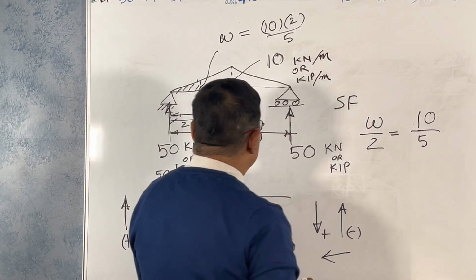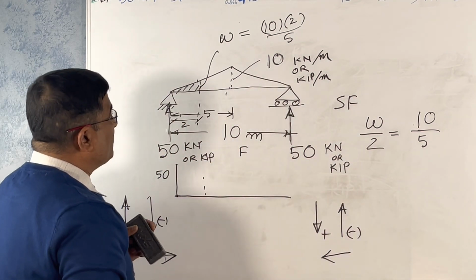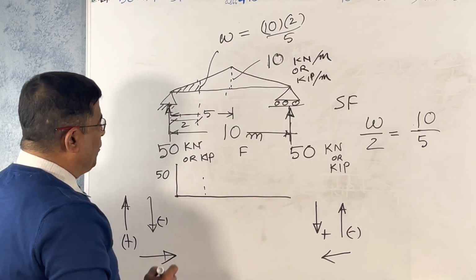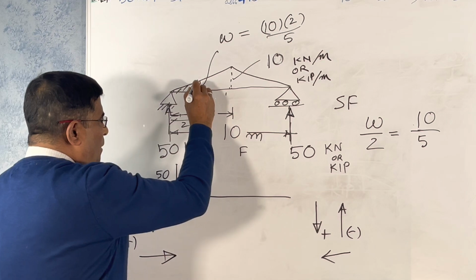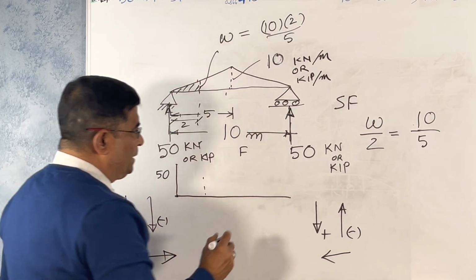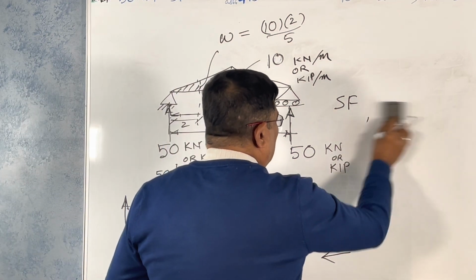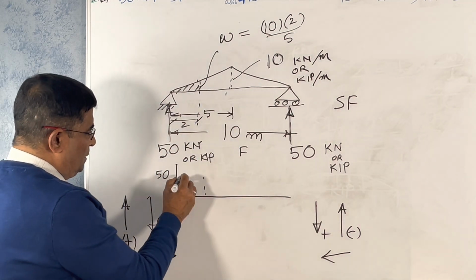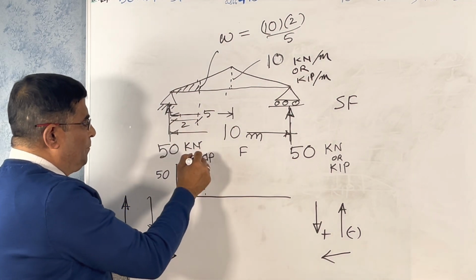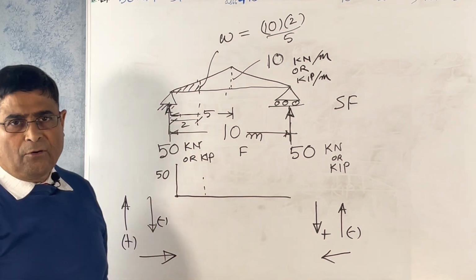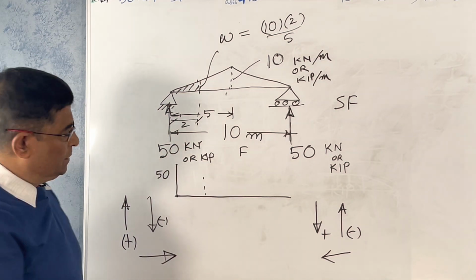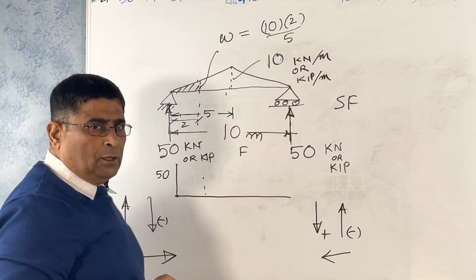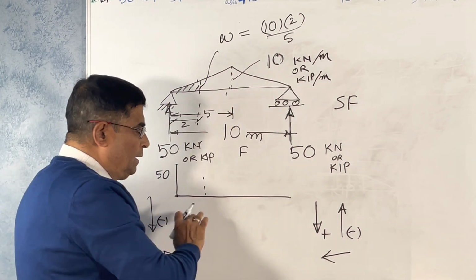So 20 divided by 5 is 4. So the value there is 50 minus 4, 46.